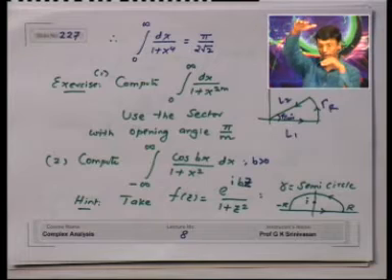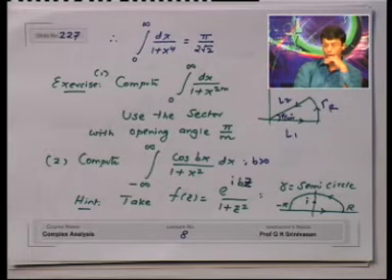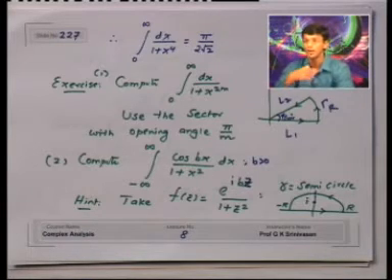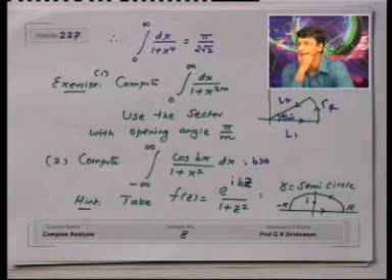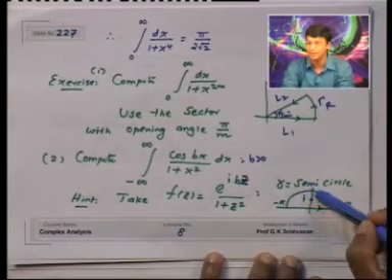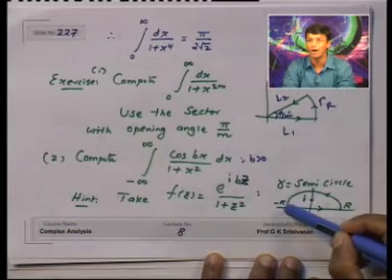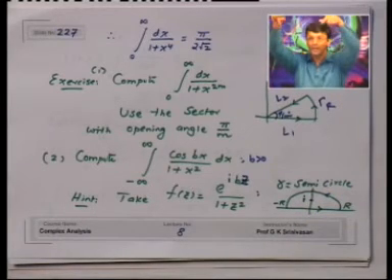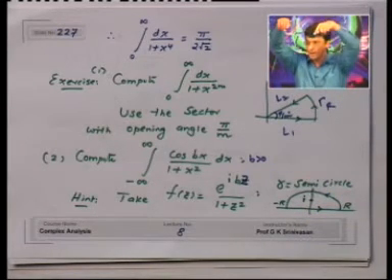Because in the upper half plane, what will be cos bz? Cos bz will be cos of bx plus iby, which will be cos bx cos by, and when y is going to be large, because a large part of the semicircle will be going off up and up.